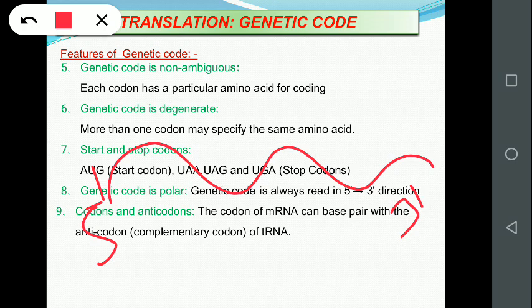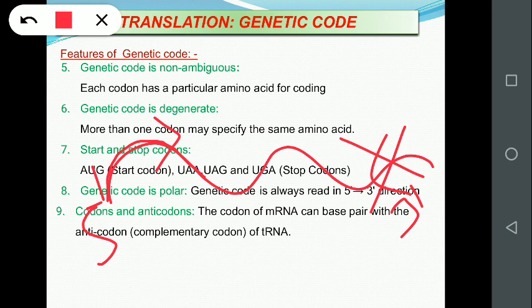Okay, so the reading of genetic code will take place in this direction, not the opposite direction. That is why it is polar. It always starts at the 5 prime end of the mRNA and moves toward the 3 prime end of the mRNA. So that is why it is polar.